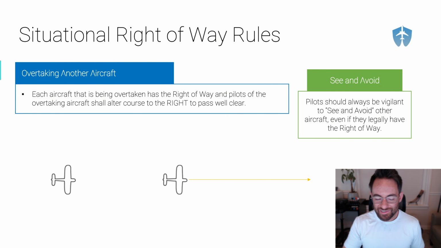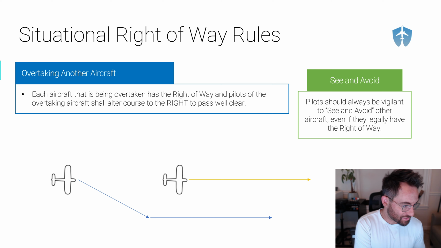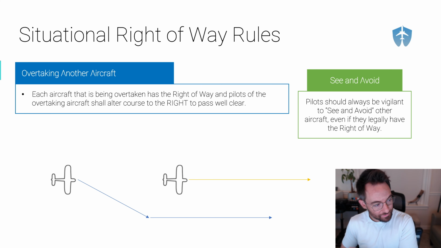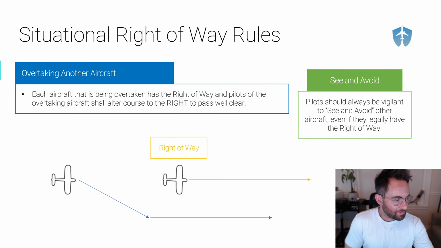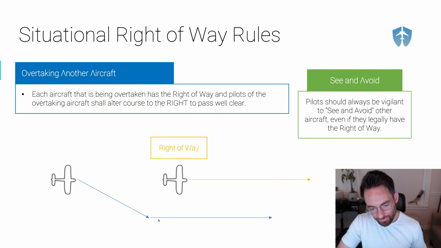The airplane behind is faster than the leading aircraft. So if you want to overtake this airplane, you're going to do it to the right. Go around them to the right, not to the left. Proper is to the right. And this pilot has the right of way. So the pilot being overtaken has the right of way. And if you're the faster aircraft doing the overtaking, do it around to the right.